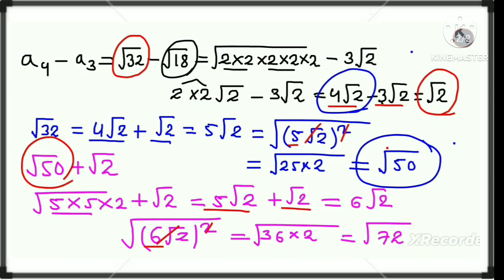And for that simply we add common difference to its sixth term, and our sixth term is root over 72. Okay, let's find at new page.